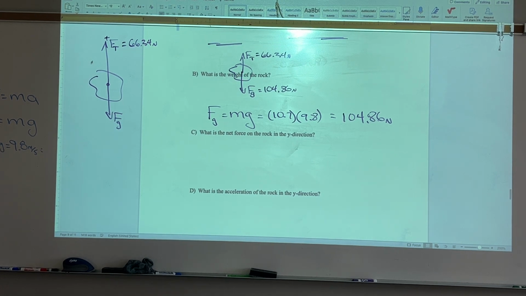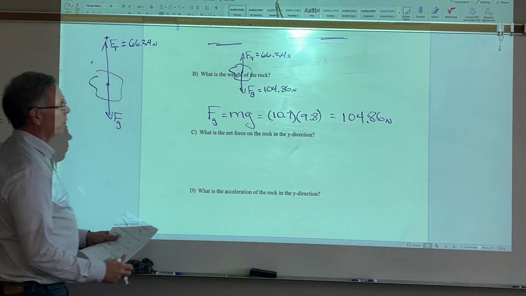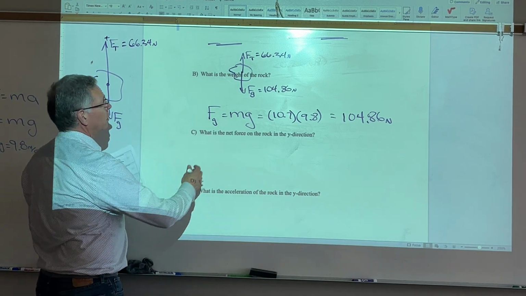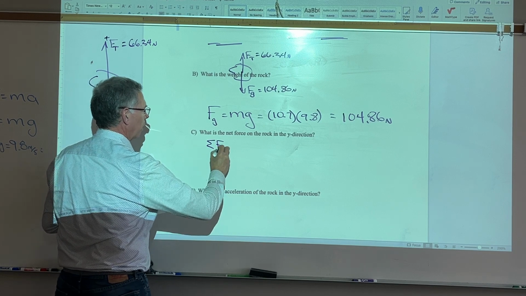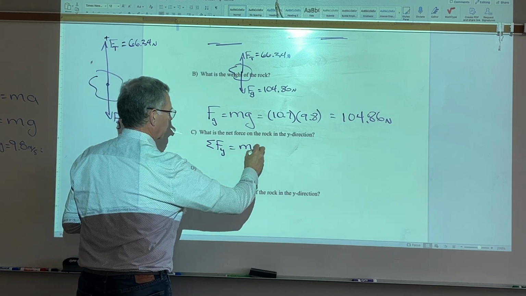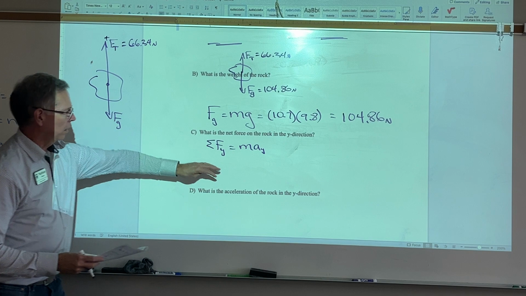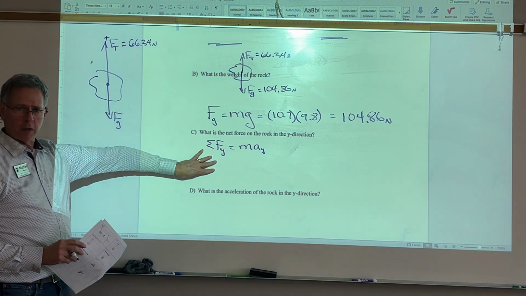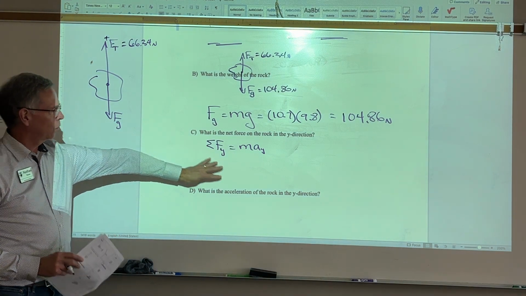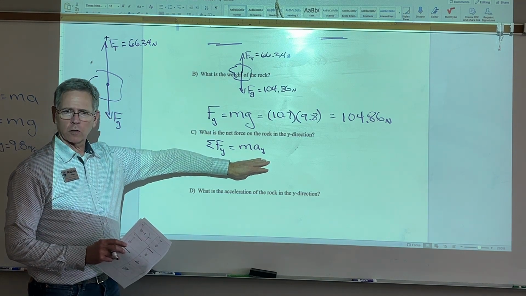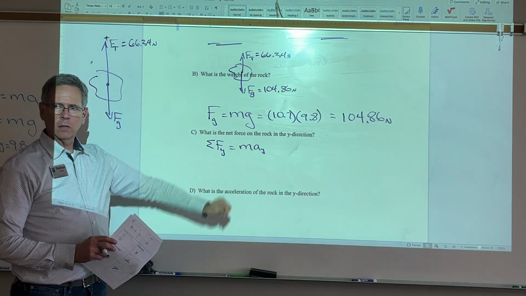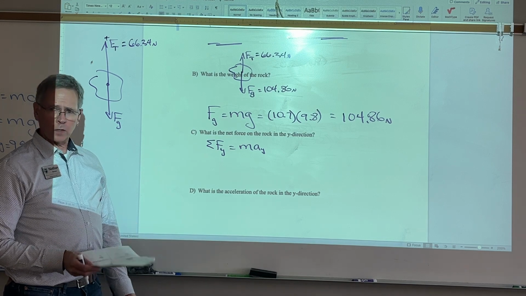All right, so the next question, what's the net force? Should I use the left side with the forces to find my net force, or should I use the right side with the acceleration? Do you know the acceleration?